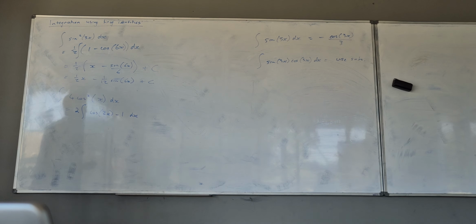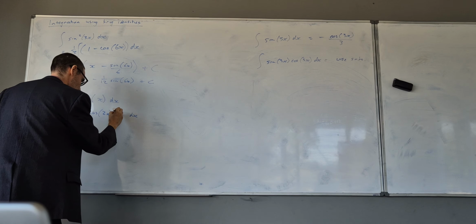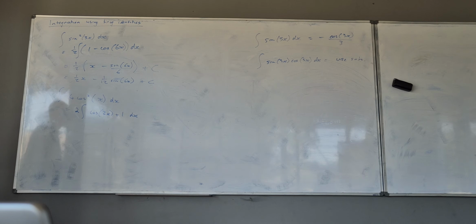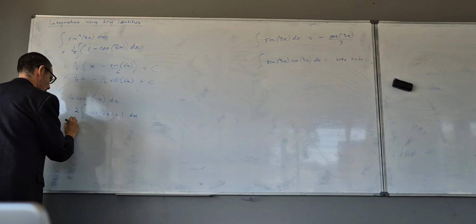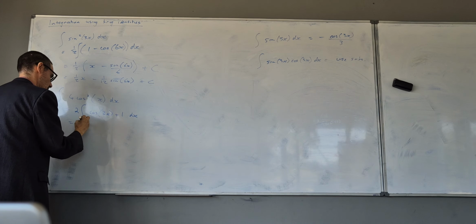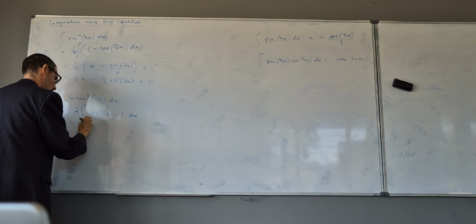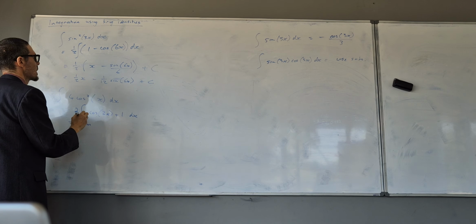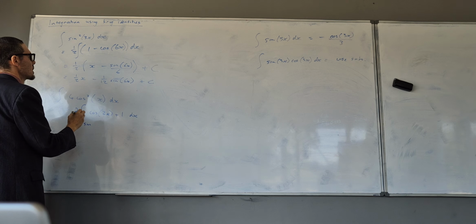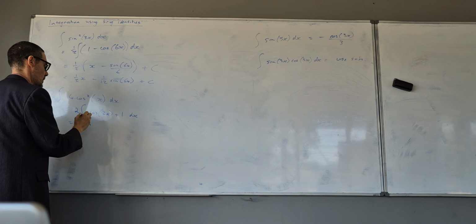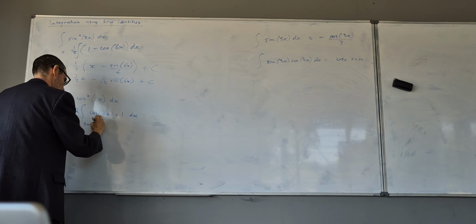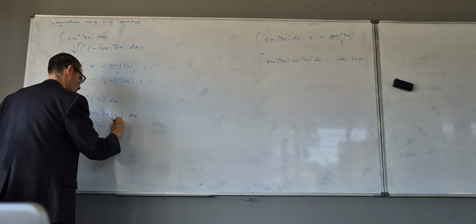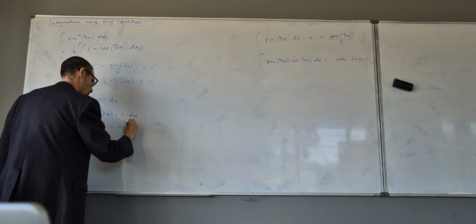Plus. Minus. No, plus. Well spotted. So that's going to be divided by 2, so I'm going to get negative sine, no, positive sine. Did I? Integral of cos is sine, yes, okay. Sine 2x plus 2x plus constant.